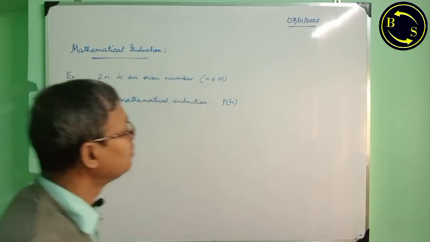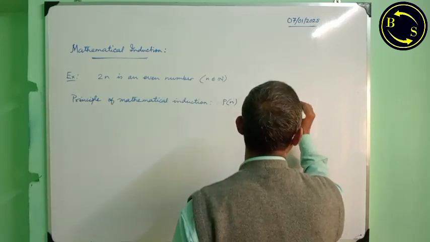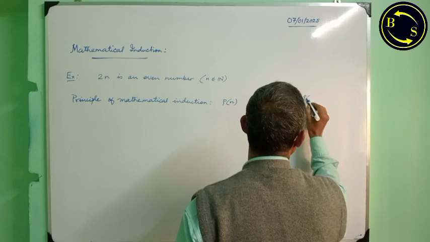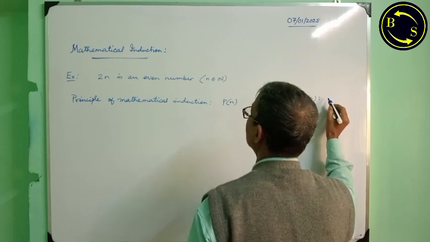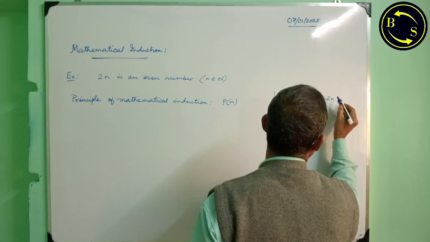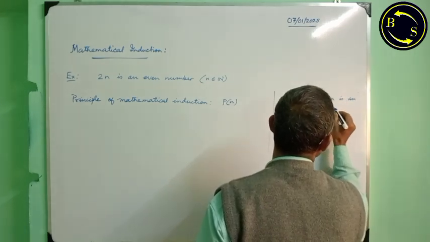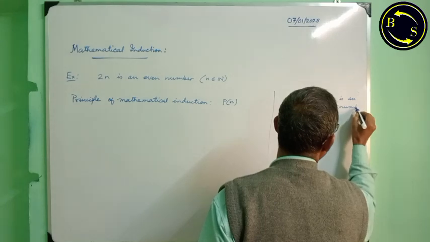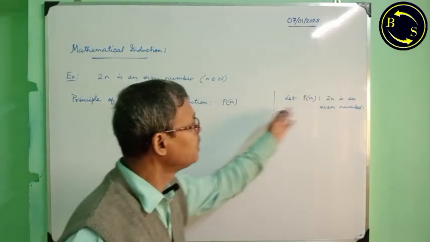For this example, let Pn be: 2n is an even number, like this. The mathematical statement is this one.